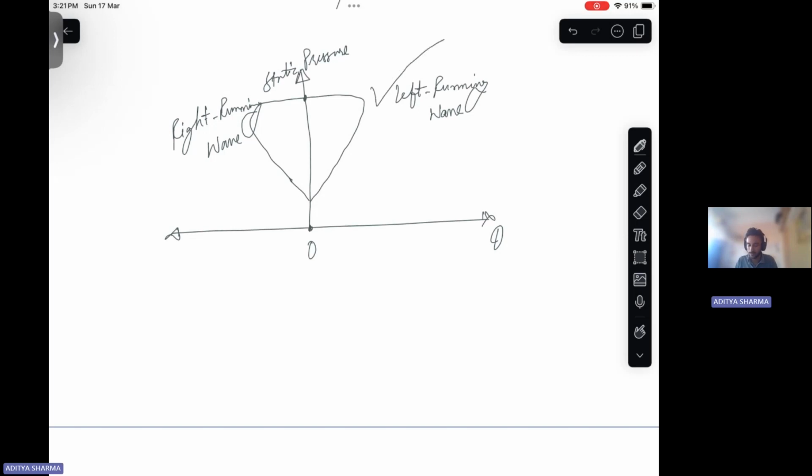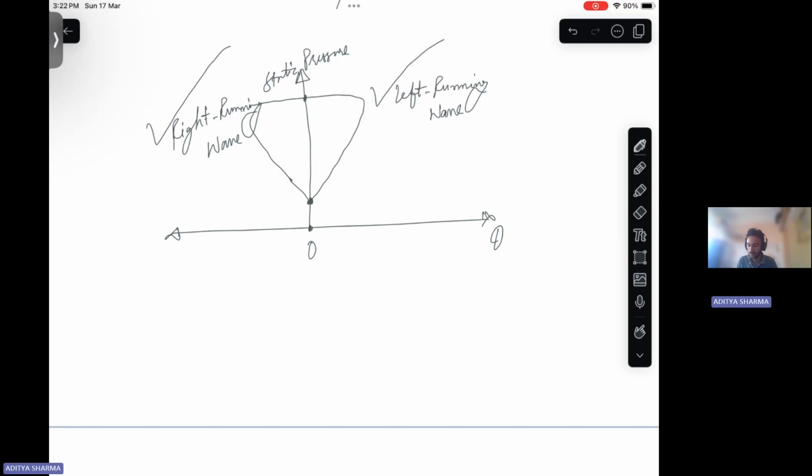And if the flow moves in the right direction, so if the deflection is in the right direction, we have this type of nomenclature. Left running is where we take theta values as positive.